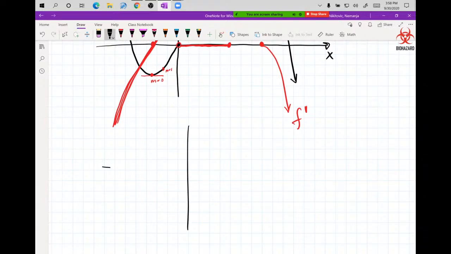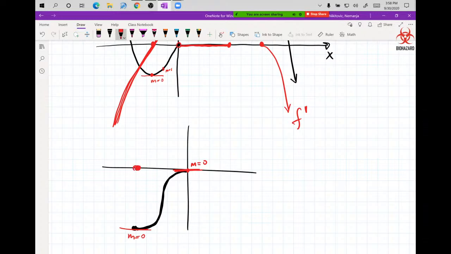So if this little piece did this, right? If it created this slope, you see it starts here as a slope of 0, and over here technically creates a maximum, so it creates another horizontal tangency of m equals 0.